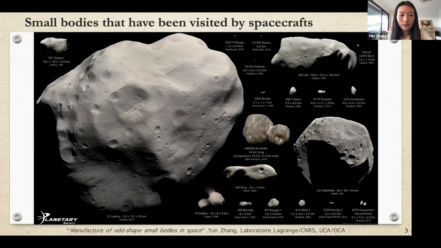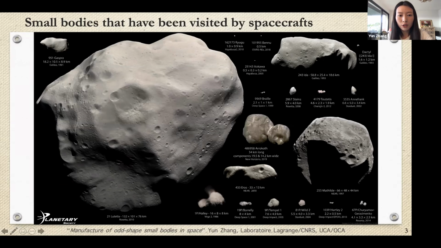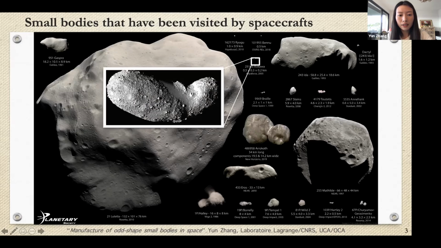None of these small bodies look the same, but there are some similarities. Some trans-Neptunian objects, like Arrokoth, and some comets, like Churyumov, have contact-binary-like bilobed shapes. Some asteroids, like Itokawa, Toutatis and Eros, have elongated shapes.